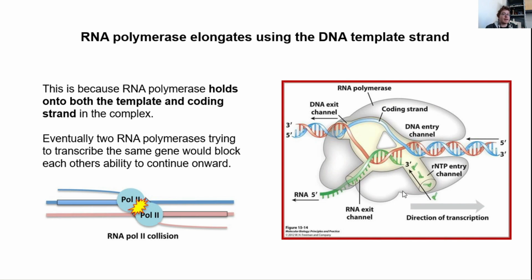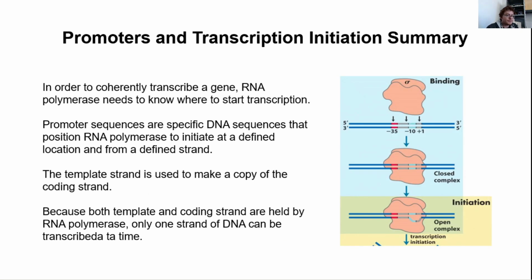It's more important to recognize that by holding on to both strands at the same time, you can't really transcribe both strands simultaneously. And that, of course, is different from what we learned about with DNA polymerase, where in fact both of the two DNA strands are synthesized coincidently during genome replication. You have your leading and lagging strands being made at the same time. So again, an important distinction there to think about.